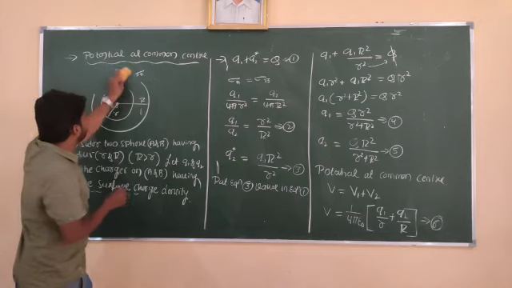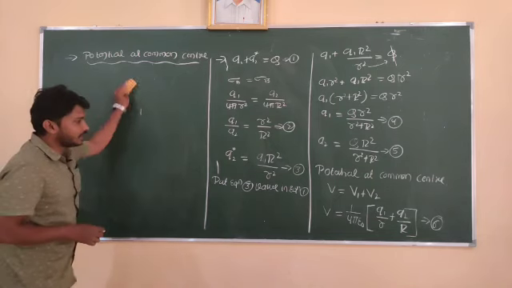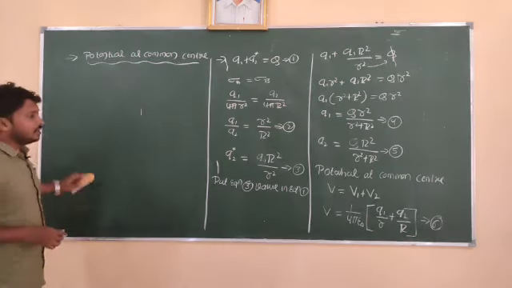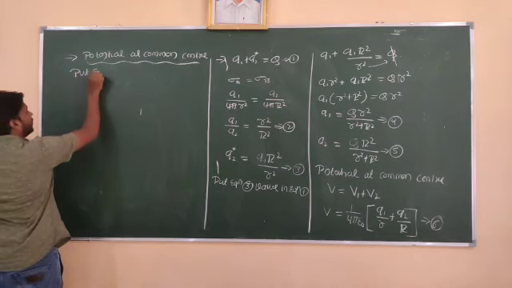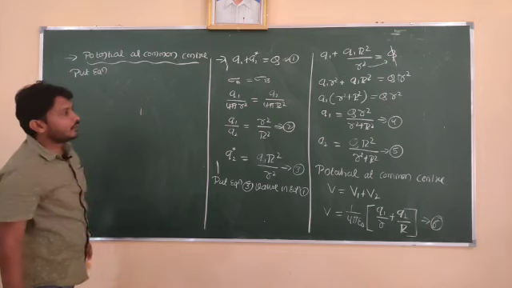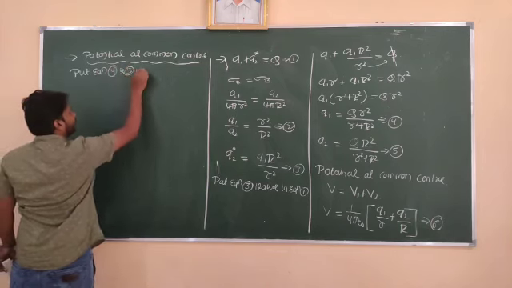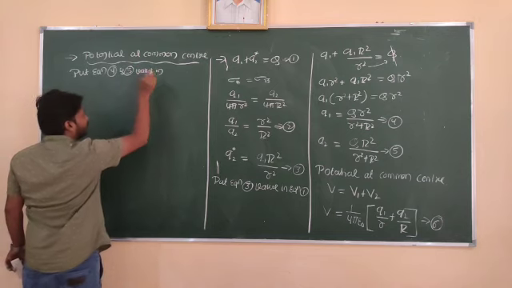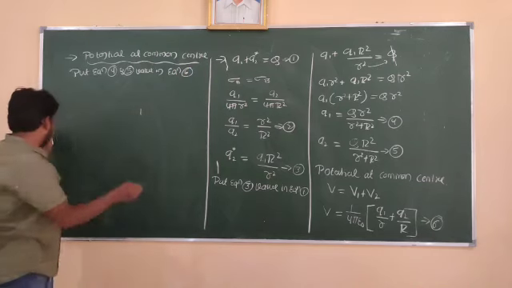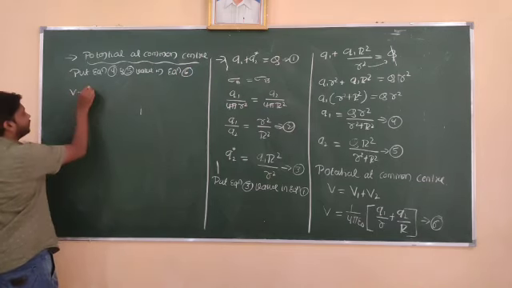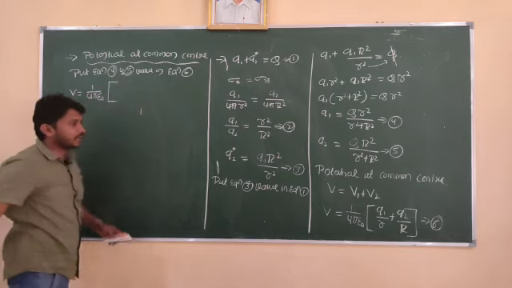Then I will get the potential at the common center. Look here, V is equal to 1 by 4 pi epsilon naught, Q1 by R plus Q2 by R. I will substitute equations 4 and 5 in equation 6, and we will get the final answer.